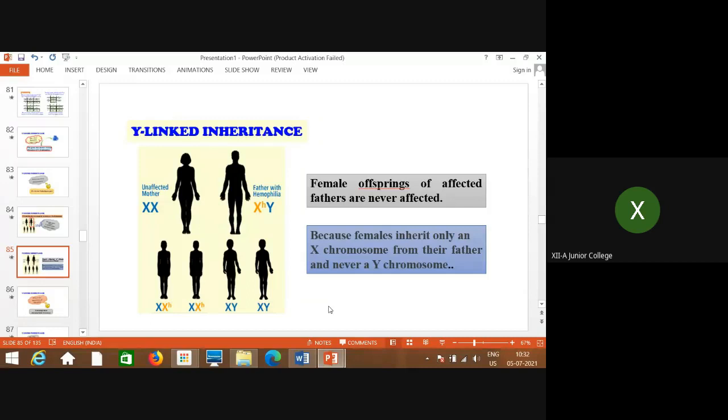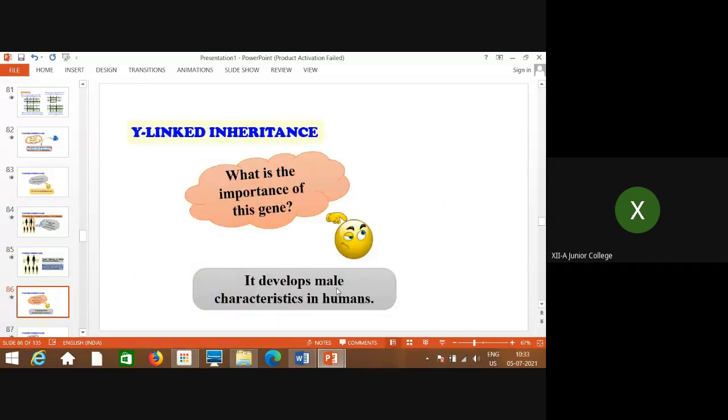So female offspring of affected fathers are never affected. Remember, though the progeny is a female child, she will not show any such character. It will not get affected because she has only X chromosomes and not the Y chromosome. Females inherit only the X chromosome from their father and never the Y chromosome, so this is not seen in females.